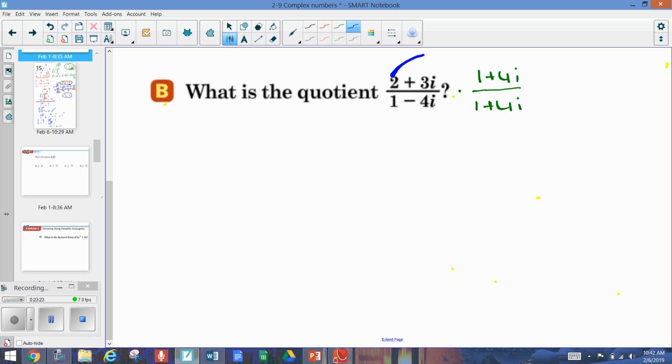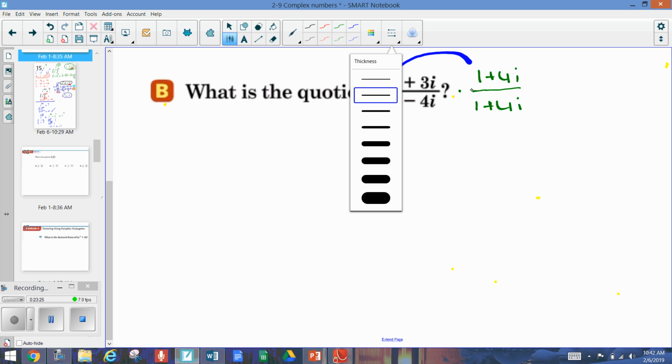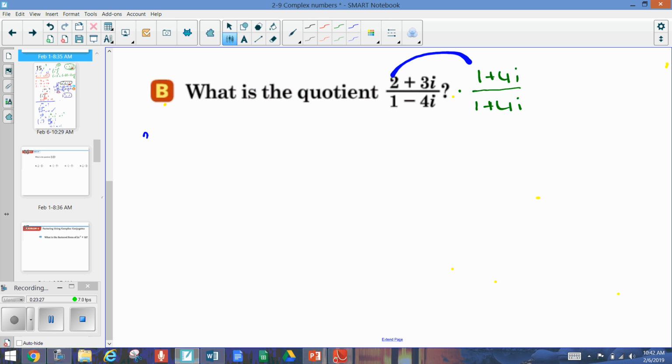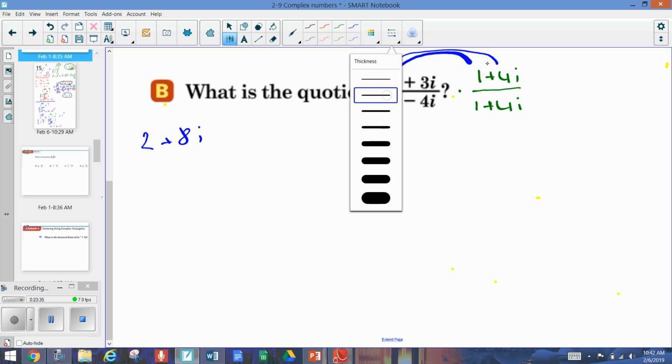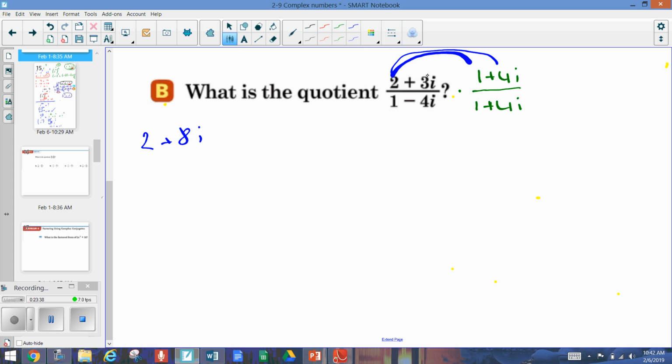2 times 1 is equal to 2. 2 times 4i. Correct? Tell me what is now. I'm done with 2. Now it's 3i. 3i times 1. 3i times 4i. Over.